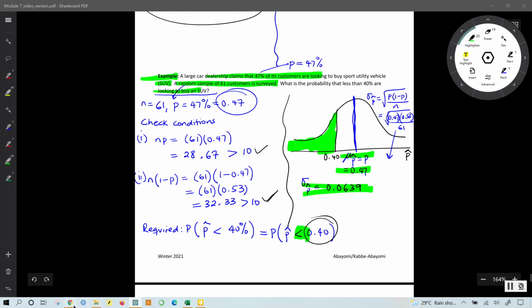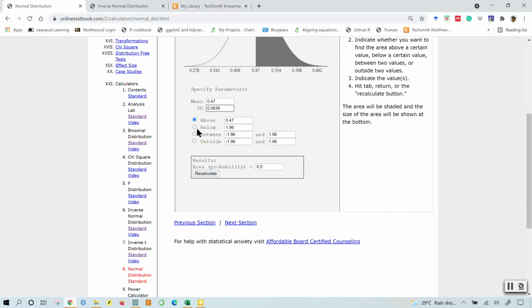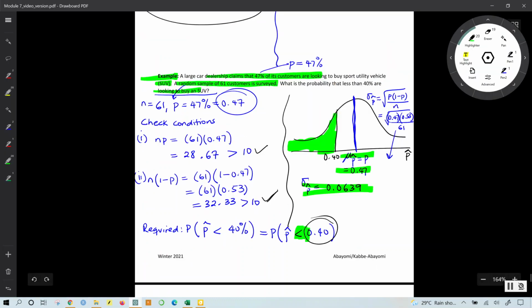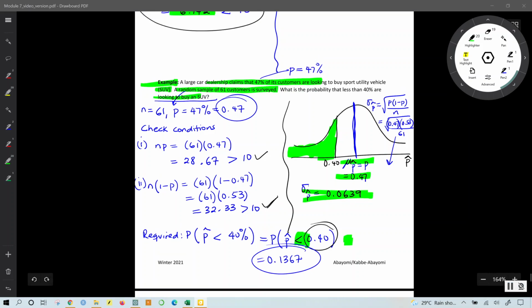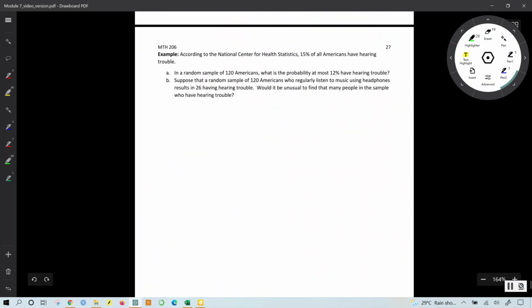So I need to set that to below, 0.40, and hit enter. I have 0.1367. So the answer here is equal to 0.1367. This is the required probability. With that question completed, we proceed to the last question.